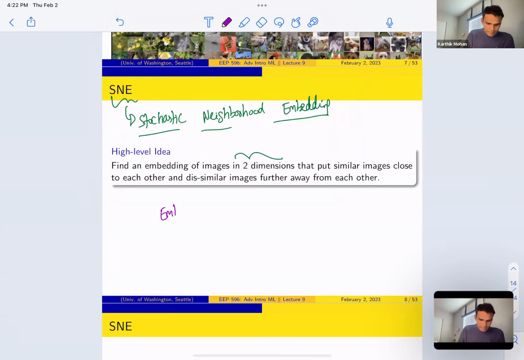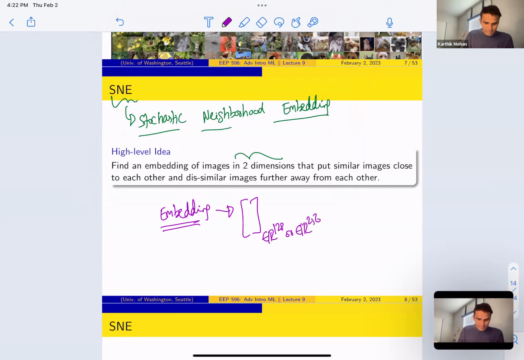So embedding. Whenever you hear the word embedding, in this class or in other classes, just imagine a vector of certain dimensions. Maybe 128 or 256 dimensions, or in the specific case of t-SNE, an embedding is just some XY coordinate. So it's in 2 dimensions, right? It's just a lower dimensional representation of a data point.